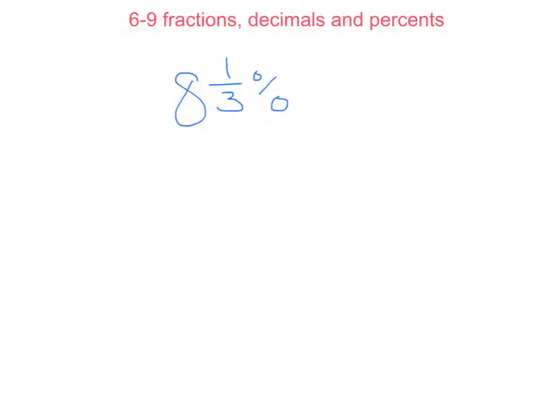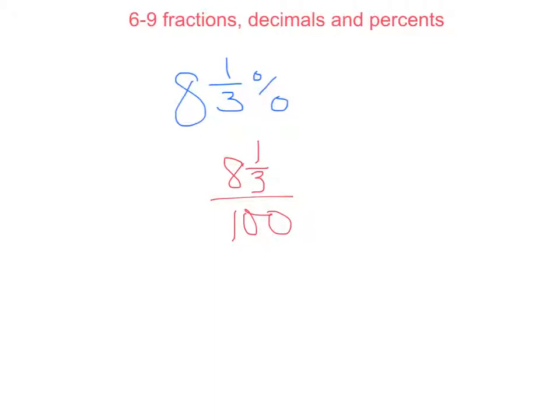So what you need to do here is write this as a fraction over 100. I know that we include a fraction here, but we are just going to write 8 1/3 over 100, because a percent is out of 100. Even though we have a fraction on top of a fraction, that's okay.